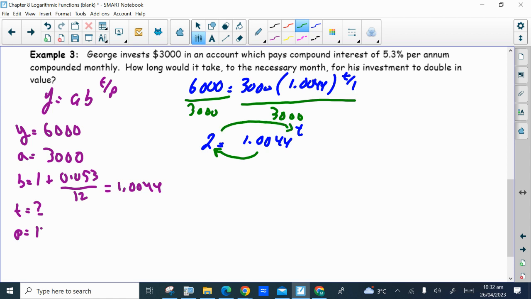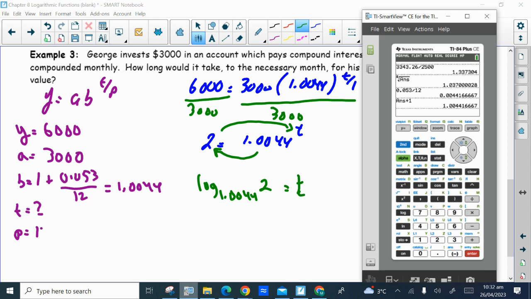Remember, in either form, the bases are the same, so it'll be log base 1.0044 of 2 equals T. So we go to our calculator, and I'm going to use that entire decimal. The base is our previous answer, that entire decimal, and we're taking the log of 2 with that base. So this would be how many months.